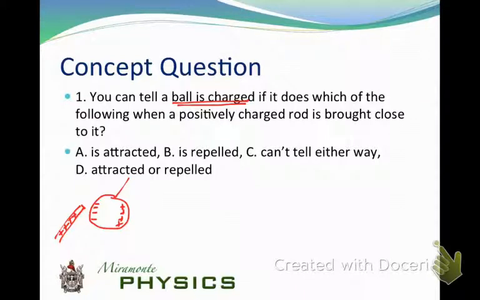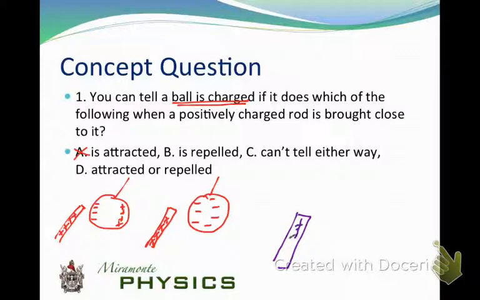You can't tell, because if it's negative, it's going to be attracted. If it's neutral, it's going to be attracted. So in either of those cases, you're going to get the ball moving towards it. If it's attracted, it's not going to give you any information. But if it's repelled, then you know it must be positively charged. So the answer is B.